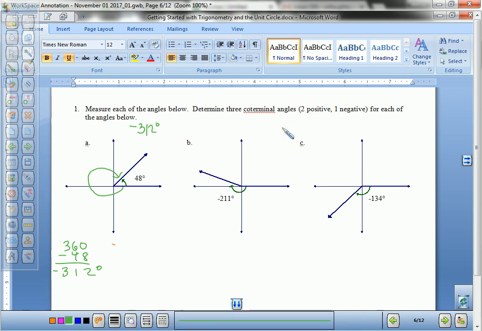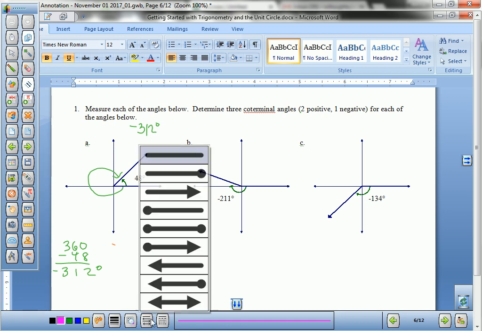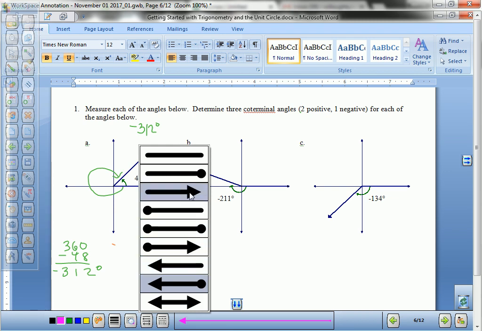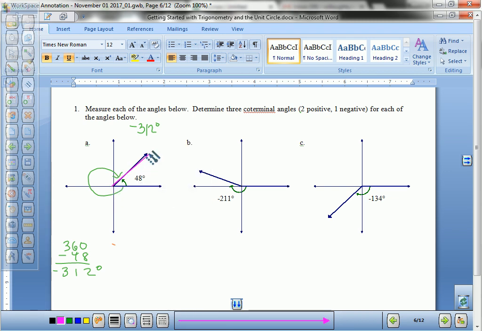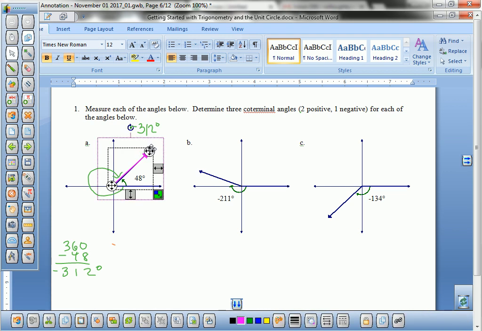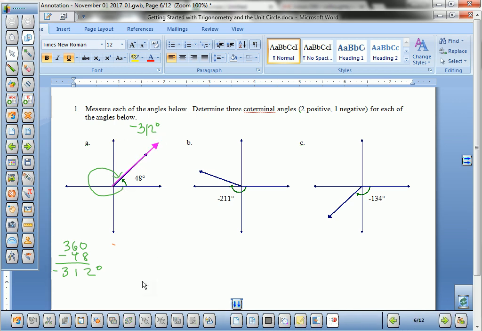Now, it also asked for two positive angles. Yesterday, I went a little nuts at one point, and remember when I went loop-de-loo? Oops, hold on, I went the wrong direction. So this is my angle, but could I have ended up in the same spot if I went all the way around and back to there?